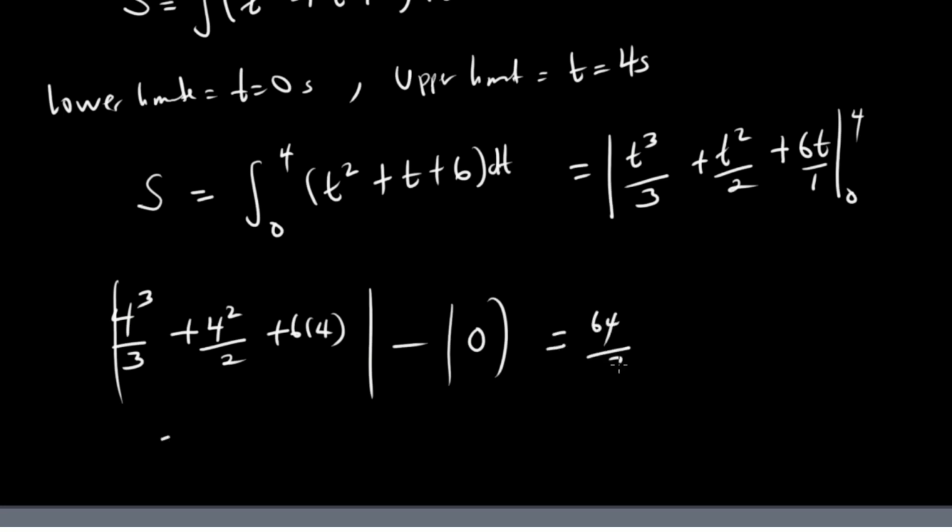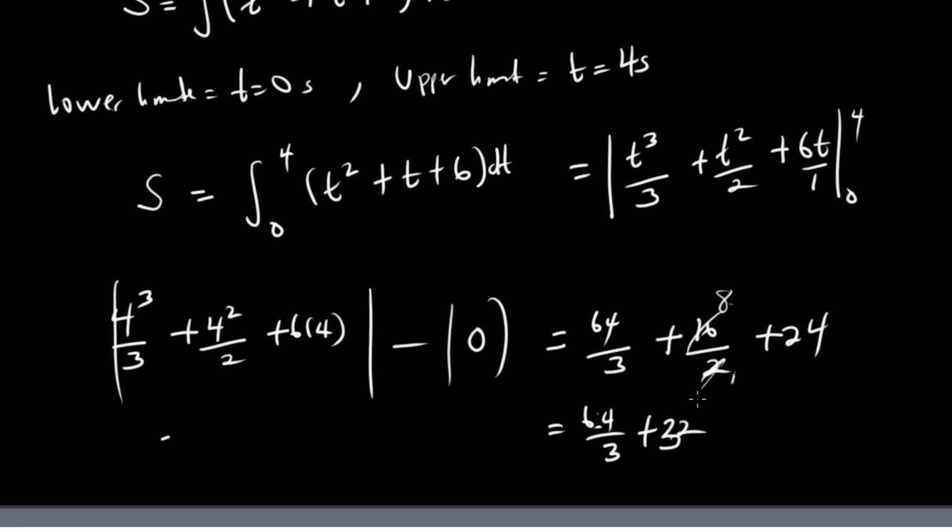This now leaves us with 64 over 3 plus 16 over 2 plus 24. And then we are going to have this to be equal to 64 over 3 plus 22, where 16 over 2 is 8.